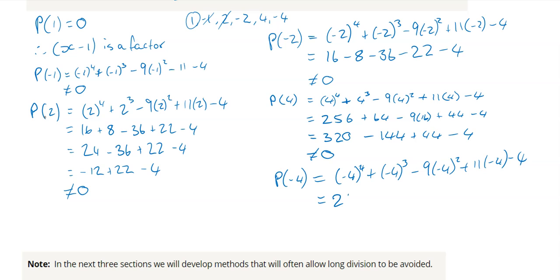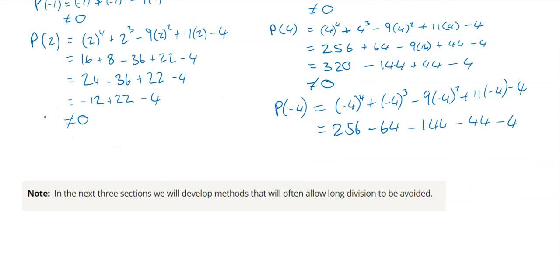So this was 256, and this was minus 64, and this is minus what? Minus 44, minus 44, minus 4. Wow, interesting. Cool. Equals 0, therefore P of x plus 4 is a factor.